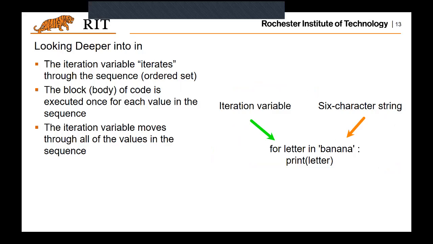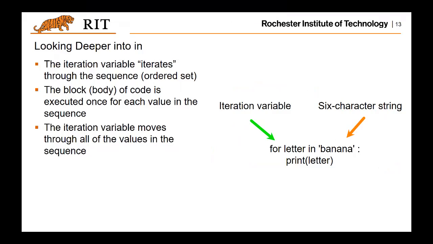If we take a deeper look at looping through a string, the iteration variable iterates through the sequence, which is an ordered list or array, following how this string looks.